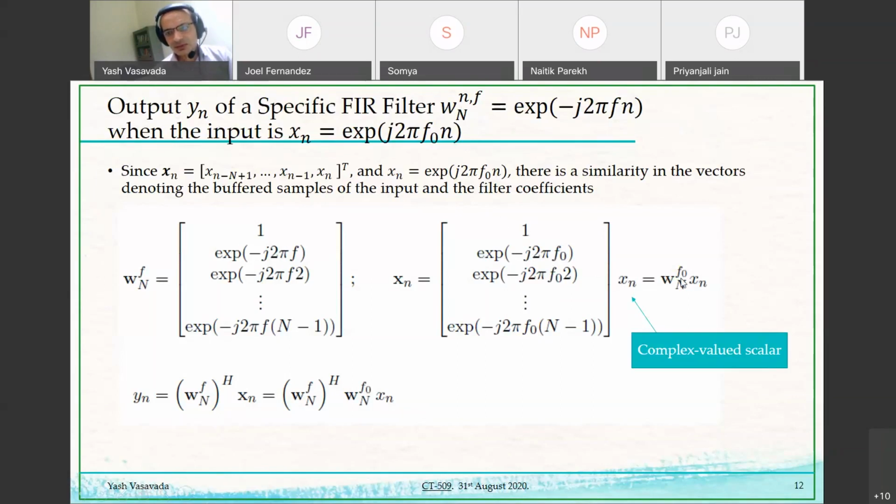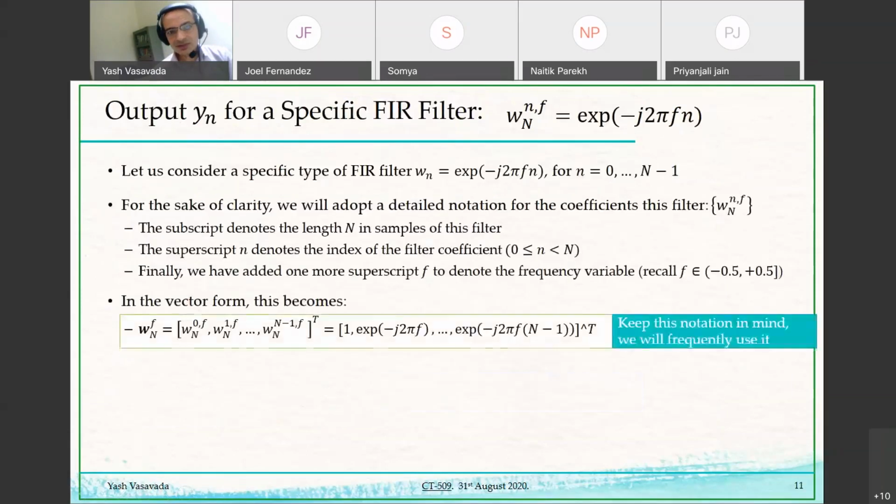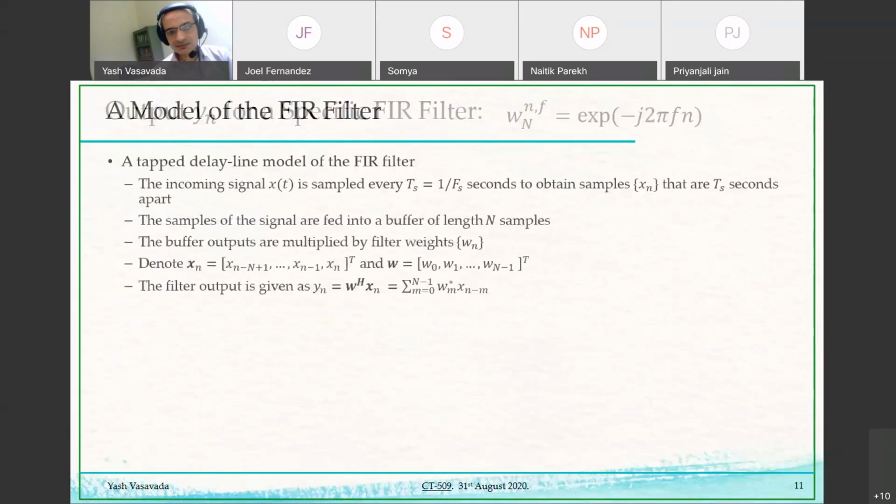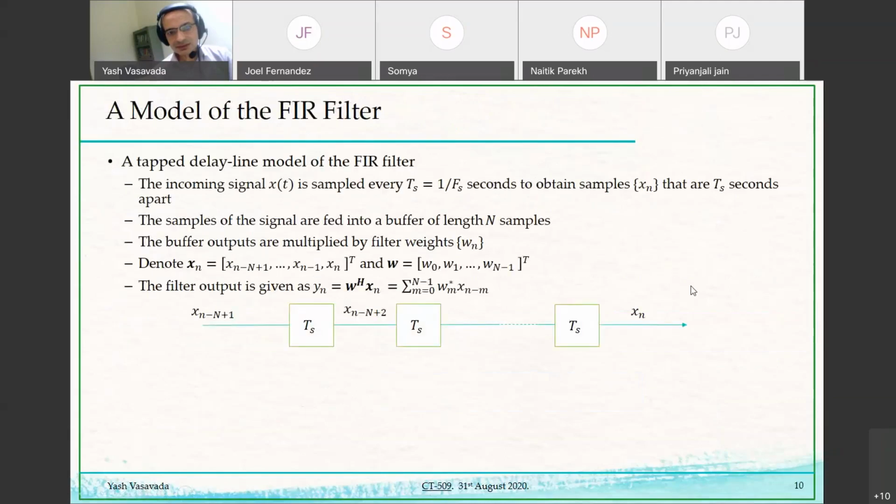So this W vector has no dependence on index small n. It still has this index, which is just the index of this shift register. Each of these small m values are the index of the shift register. They are not the time index.